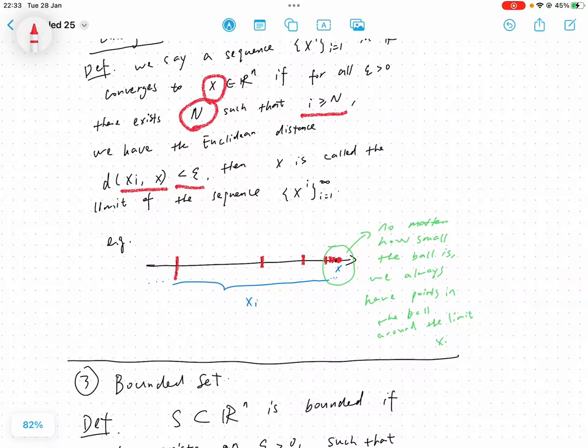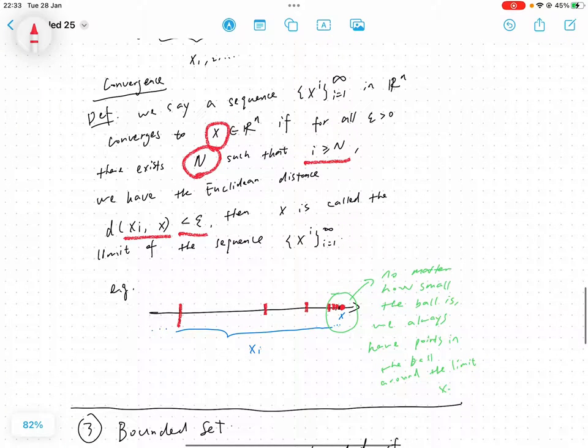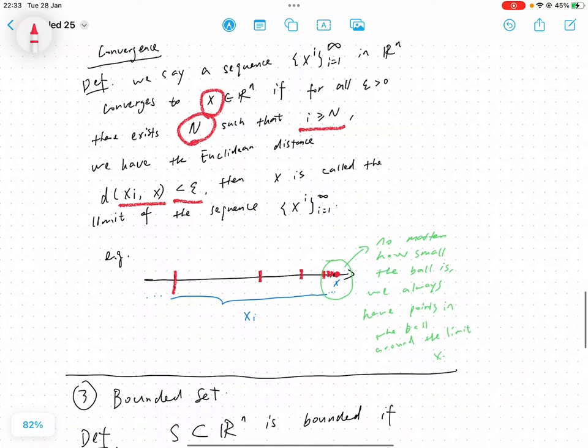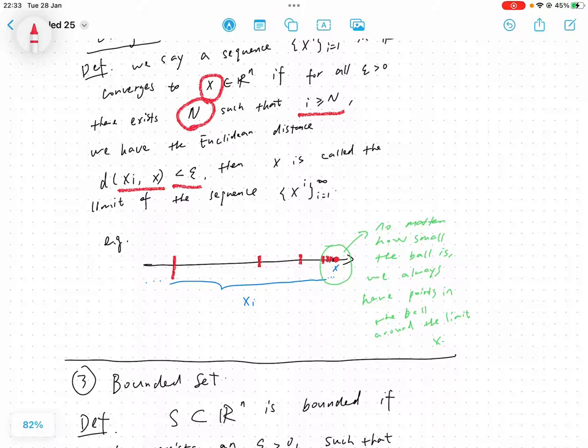In the definition of convergence, we say that no matter how small this epsilon ball is, we just draw a ball with radius epsilon around the limit point x, and we can always find some points, actually infinitely many points, inside of the ball.